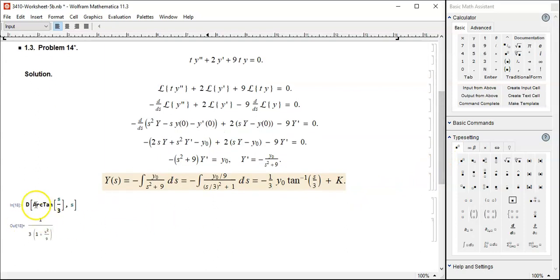Let's do this. 1/3, and then y naught. Put everything in there. Okay, calculate it.